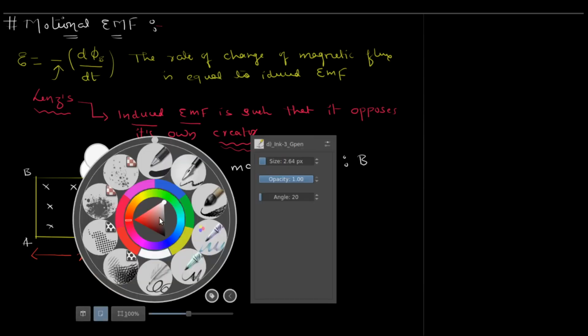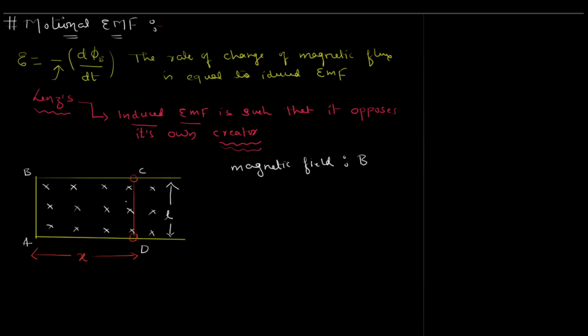And now that I'm saying that this you can slide, so let's say I'm going to try and slide this rod maybe in this direction, and let's say we're doing that with some velocity v. So the velocity with which we are sliding the rod, or speed of the rod, is let's say v.